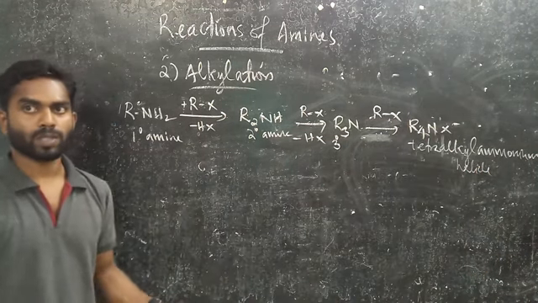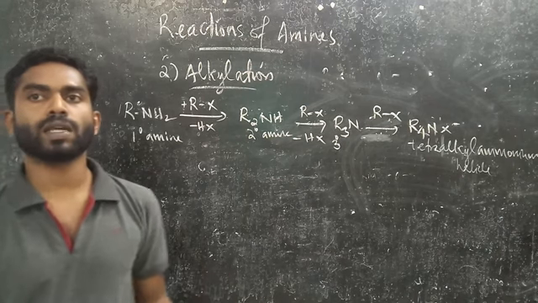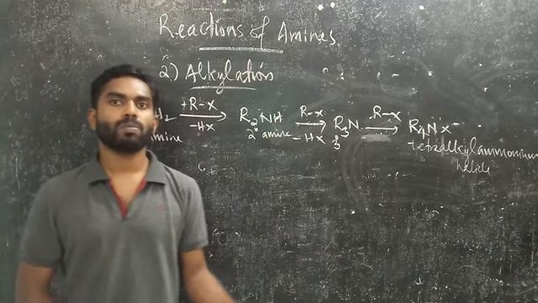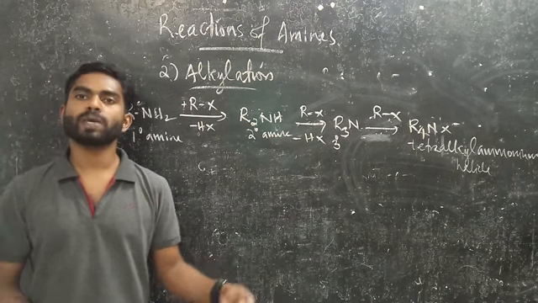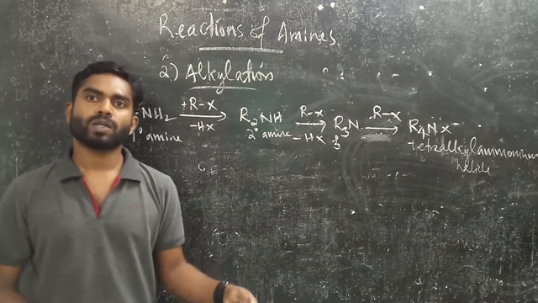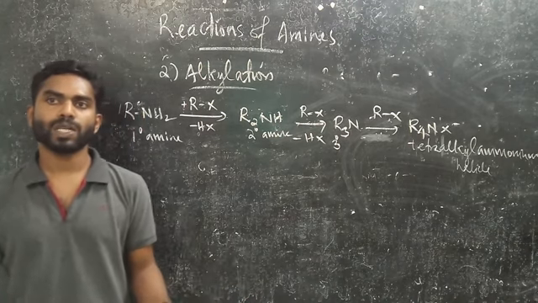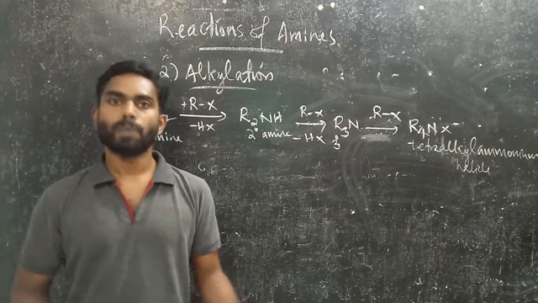Consider a specific example. The continued methylation of an amine using excess methyl halide until the quaternary ammonium salt is obtained is called exhaustive methylation.